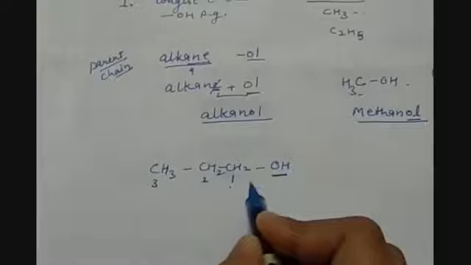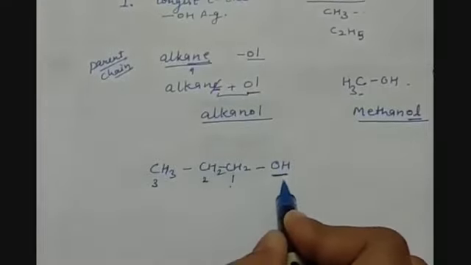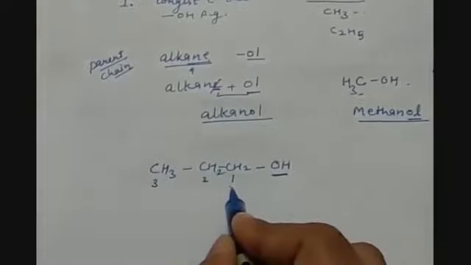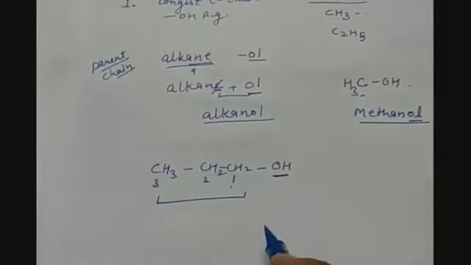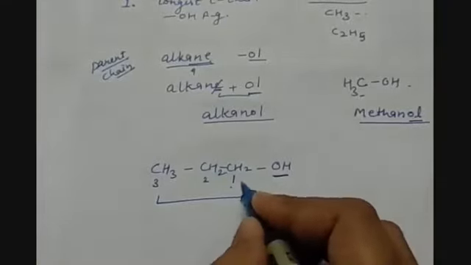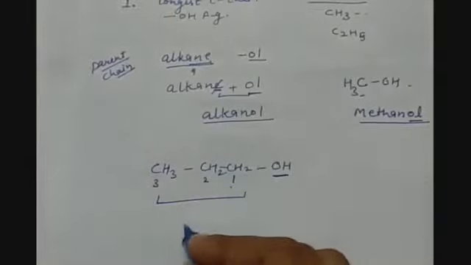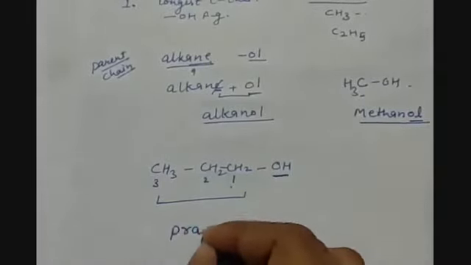We start numbering the carbon atoms from where the functional group is attached. So we start counting from here. There are 3 carbon atoms, so it will be propane, and as this is at the first position, we call it propane 1-ol.